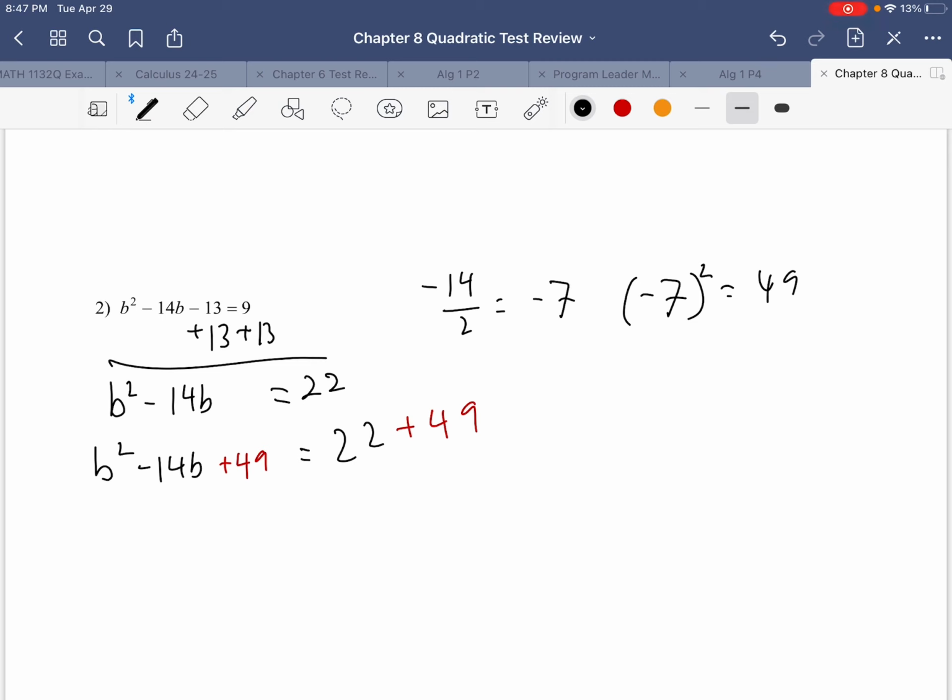On this side of the equation, I'm going to write this as b minus 7 squared. So a good way to remember is that b divided by 2, the number that we're going to be squaring, is going to be what's inside the parentheses as that binomial squared.